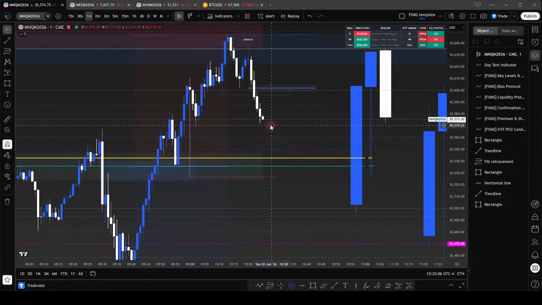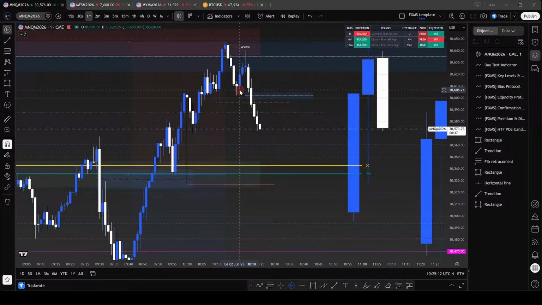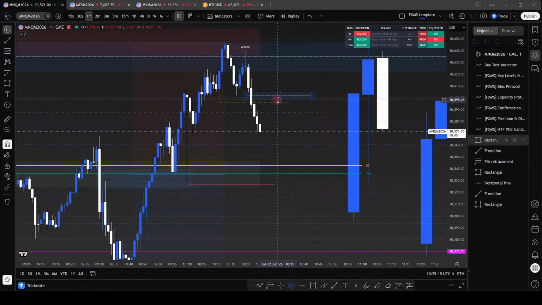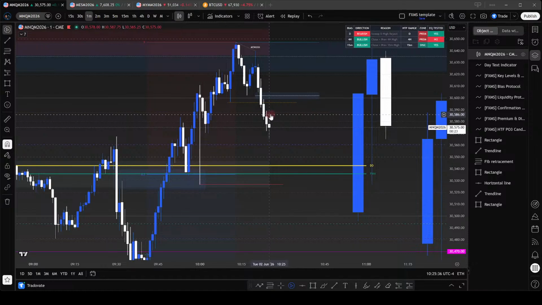All right, I just want to see this kind of play out here. Trade under here. Okay, you see we're closing under the sweep, 15-minute sweep here.